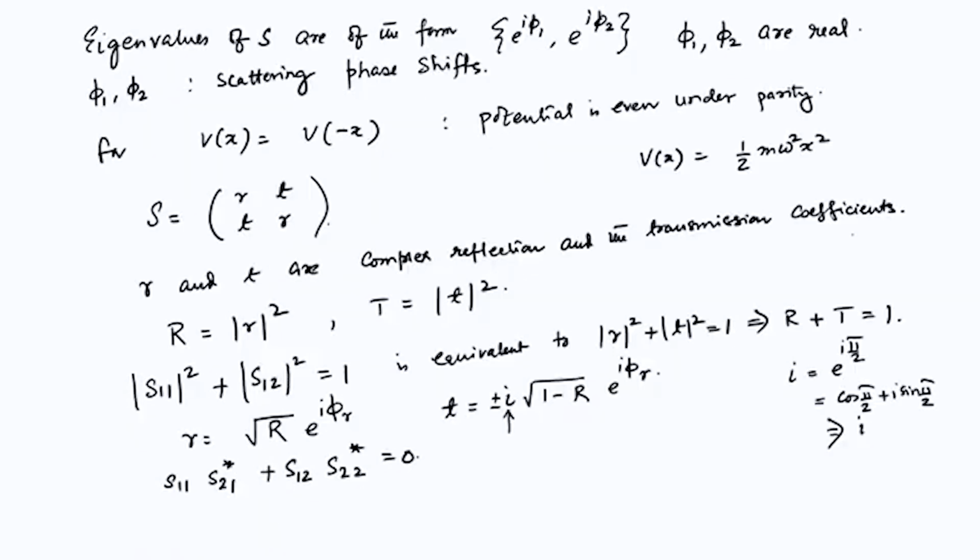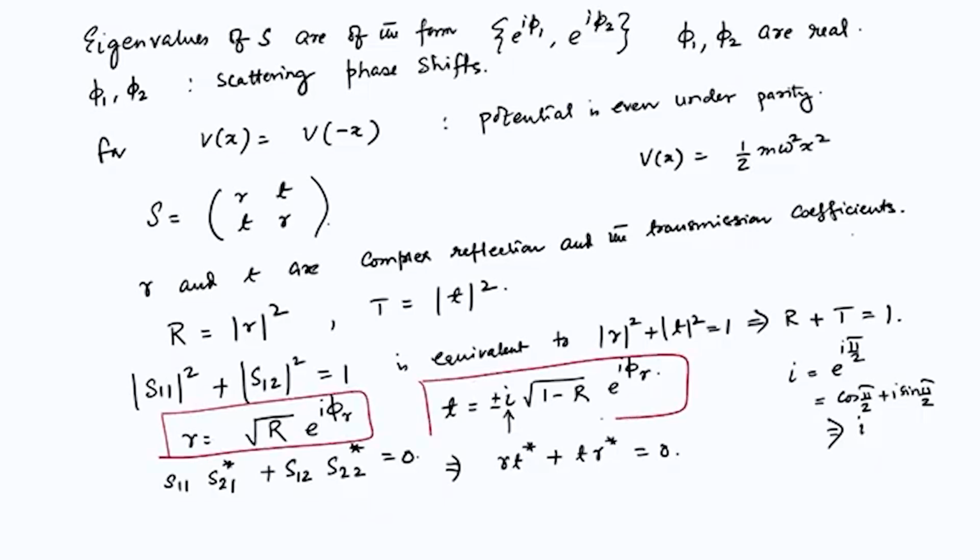And from this, what one can get is that R T star plus T R star should be equal to 0. And in addition to these relationships, these definitions of R and T, we also have this expression, which is another relationship between R and T.